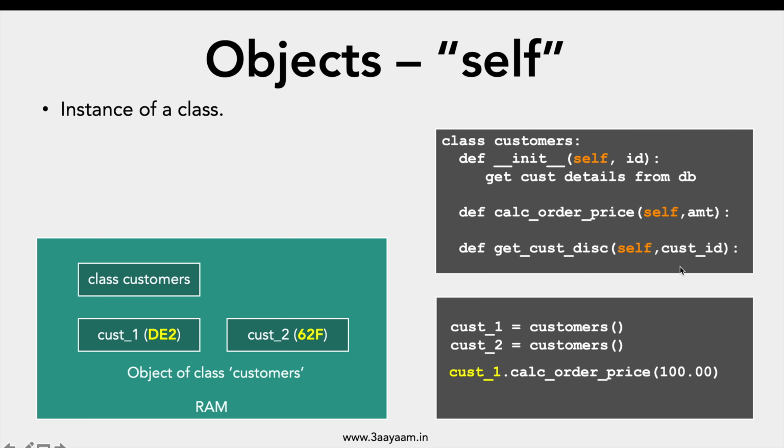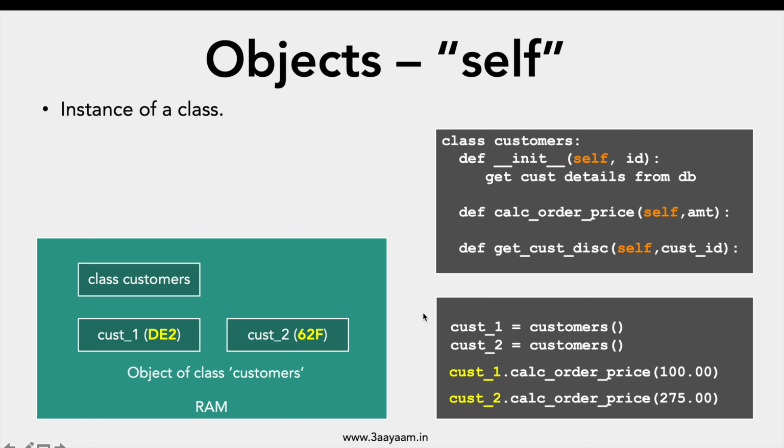But what about self? Self would actually get the address of cust_1, which is DE2. Similarly, when I use the method calculate order price with amount 275, this 275 will go to the amount, but self would contain the address of cust_2, which is 62F.